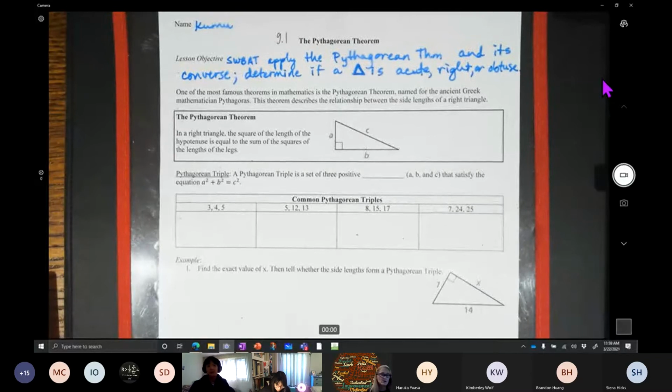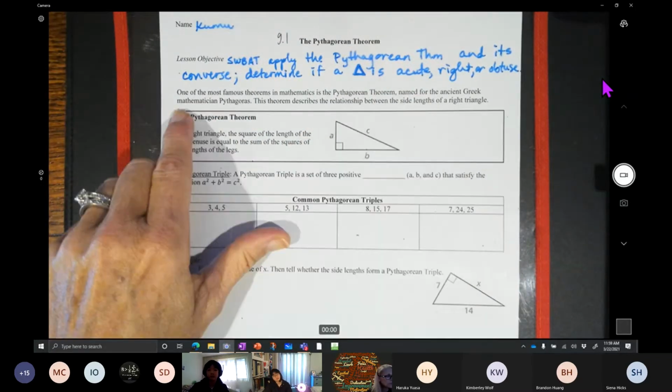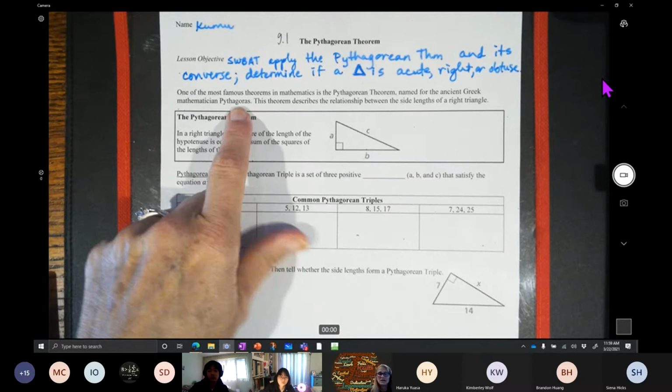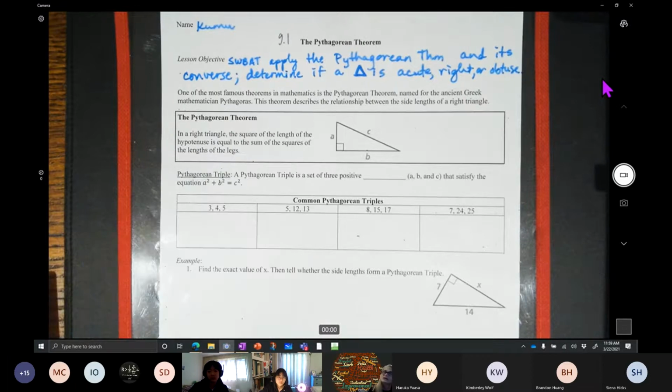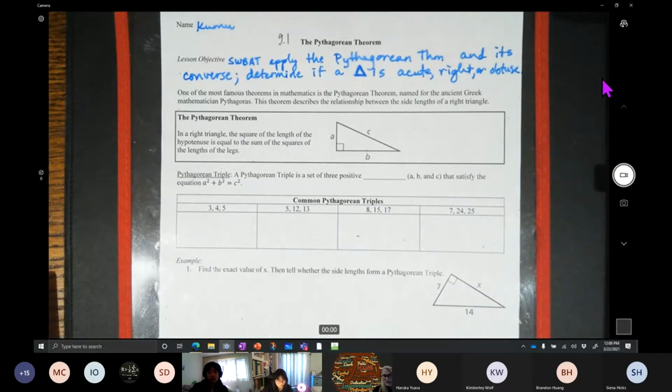By the way, Pythagoras, one of the most famous dudes, named for the ancient Greek mathematician Pythagoras. He actually had like this whole academy on this little island off of Greece, and it was sort of a secret society, but carved into stone across the beginning, the opening of the academy, he had the words etched, "Let no man unversed in geometry enter here."